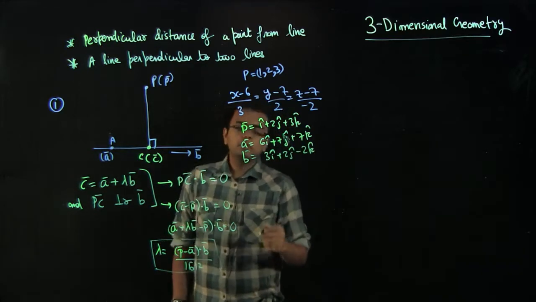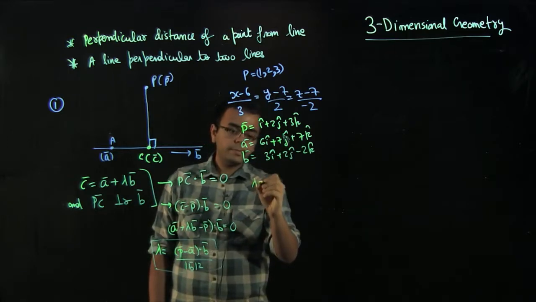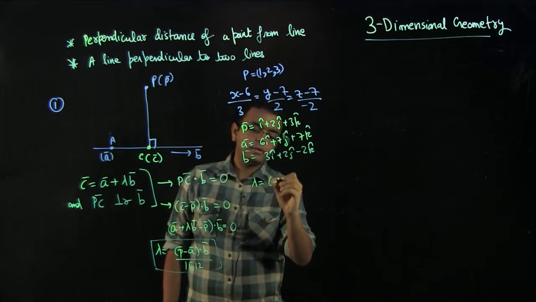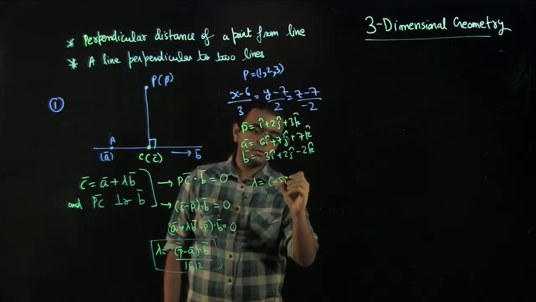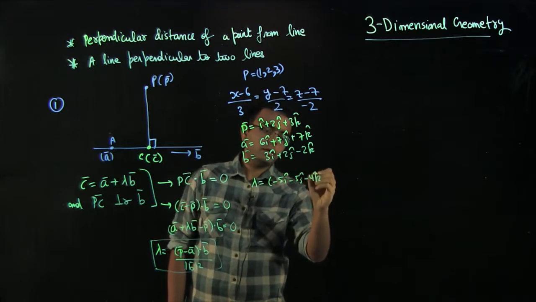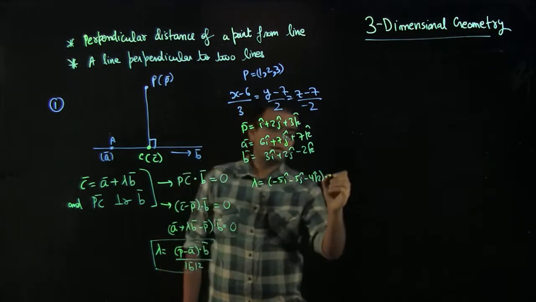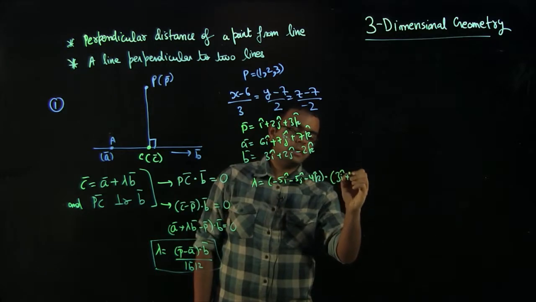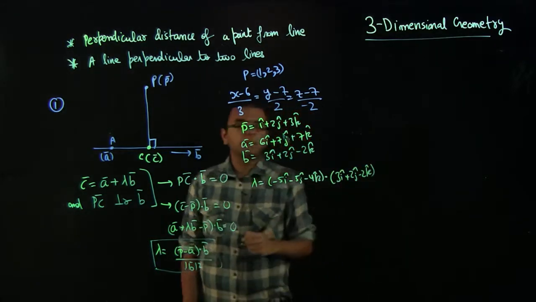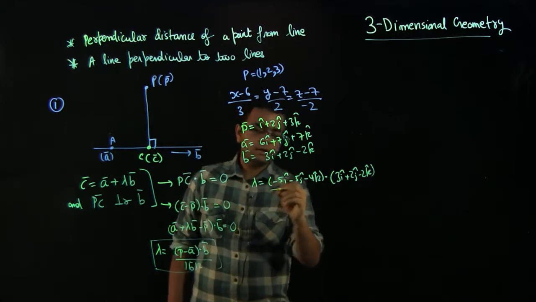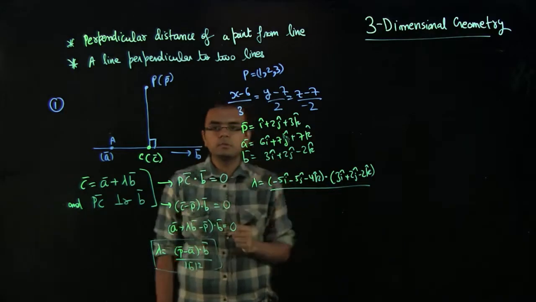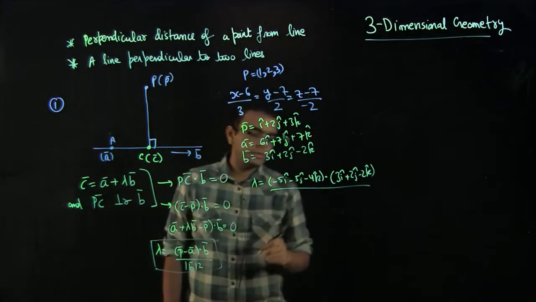If I were to do lambda here, this would become P vector minus A vector, which is minus 5i cap minus 5j cap minus 4k cap, dotted with 3i plus 2j minus 2k, divided by mod B square, and mod B square is 3 square plus 2 square plus 2 square, which is 9 plus 8, which is 17.